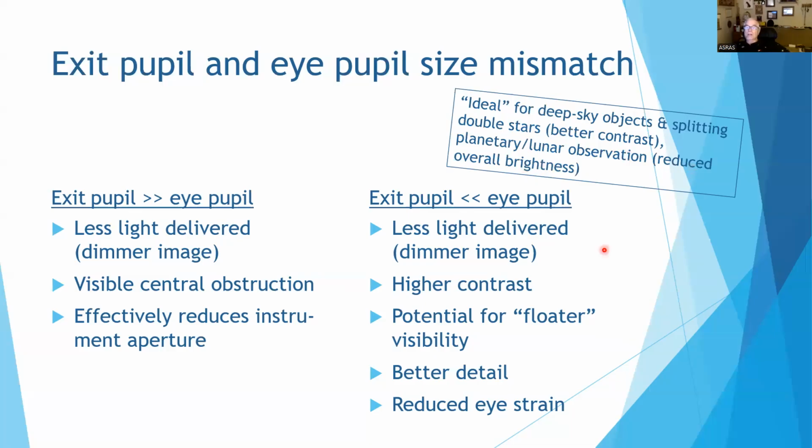When you're looking at the moon, without a filter, without an aperture reducer, the moon is so bright that you can't see a lot of detail on it. So one thing you can do is choose a system with a small enough exit pupil to correct for that. It's, in my opinion, much easier to use filters and aperture reducers, but that's one way to see bright planetary or lunar objects.